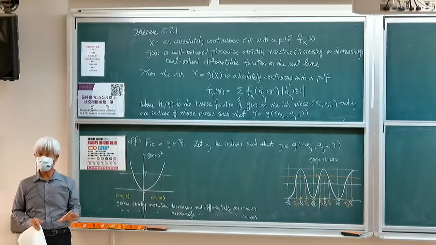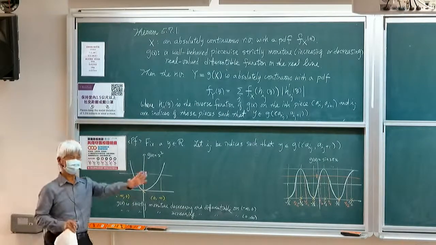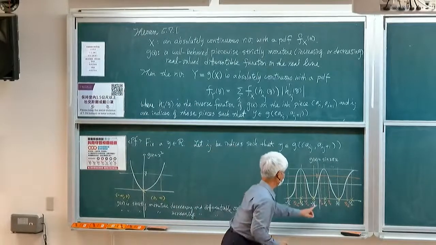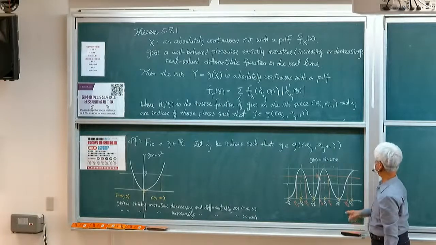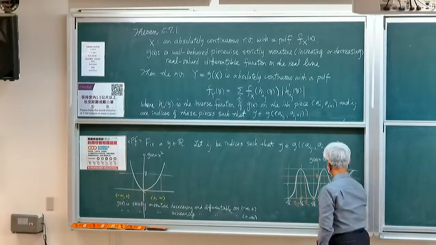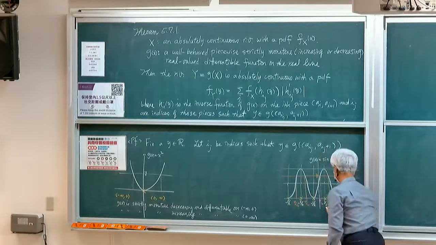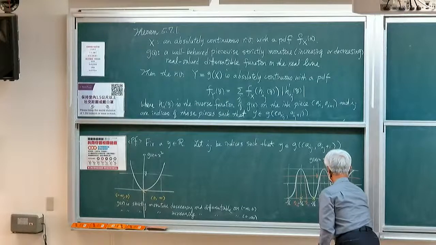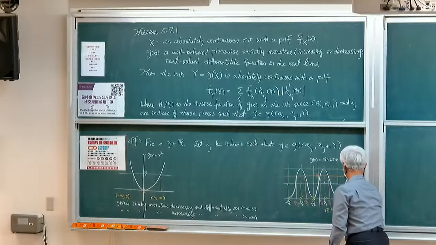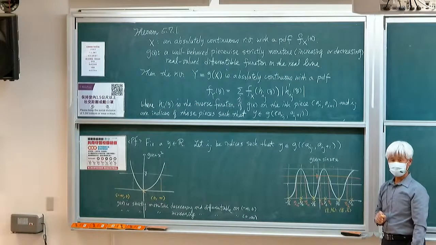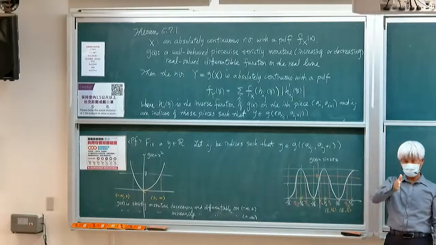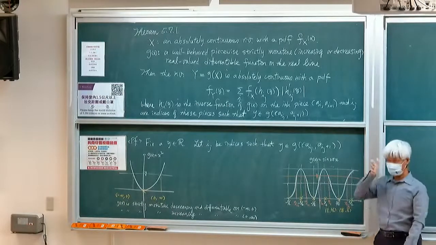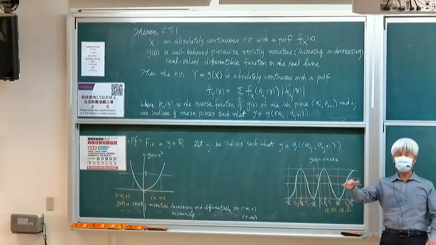Okay. So any questions? Yeah, please. So you see, for this piece, this is from 1/2 to 3/2, and for this piece is from 3/2 to 5/2, etc. Okay, so this is the boundary point, we use this point to divide the whole real line into pieces.